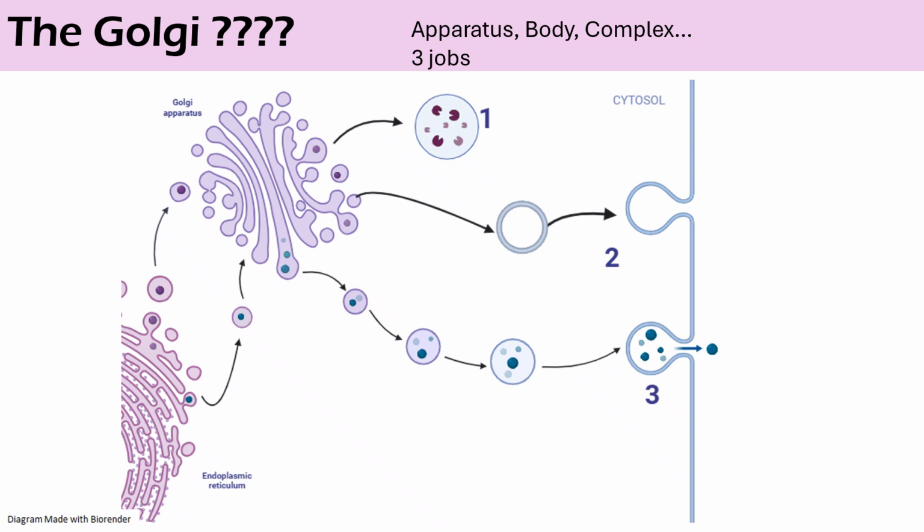So the Golgi body packages it up, puts a shipping label on it, and says, this is where you're supposed to go. And what the Golgi body does is it pops that protein out in a vesicle that then will fuse with the plasma membrane and exocytose all of its contents out into the interstitial fluids.